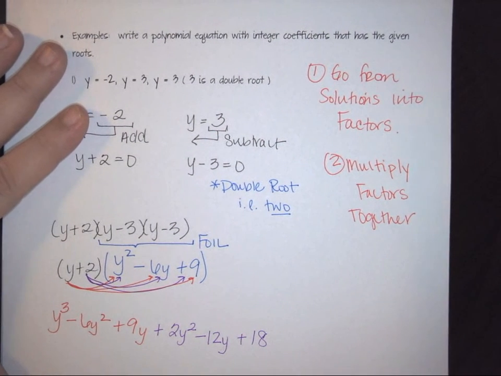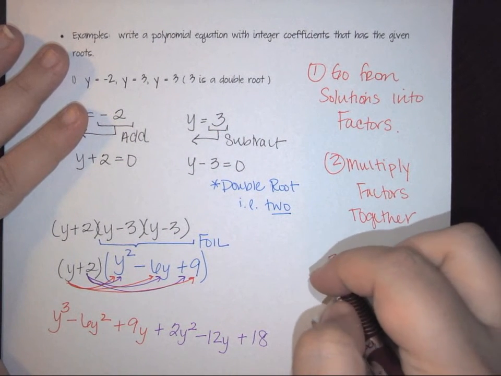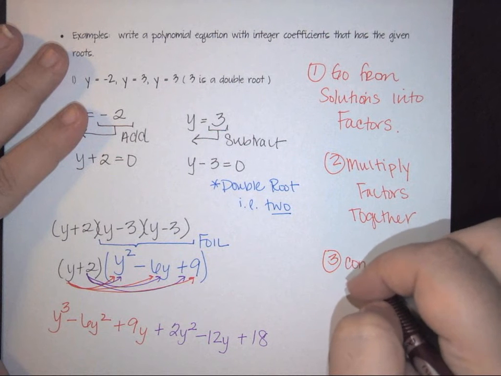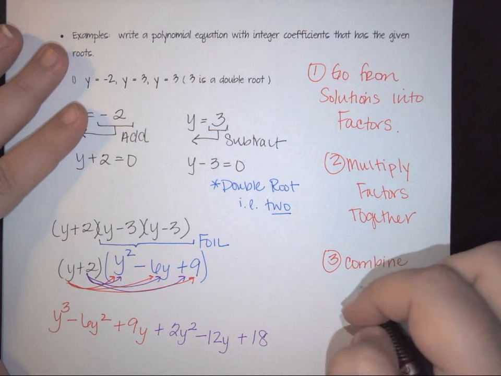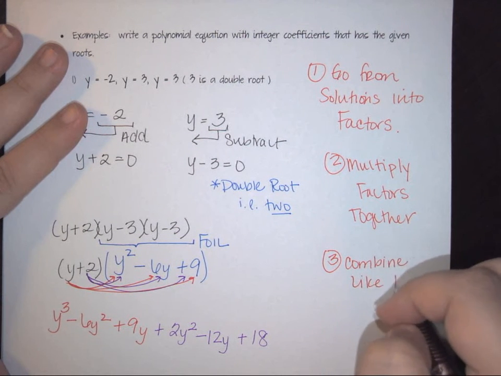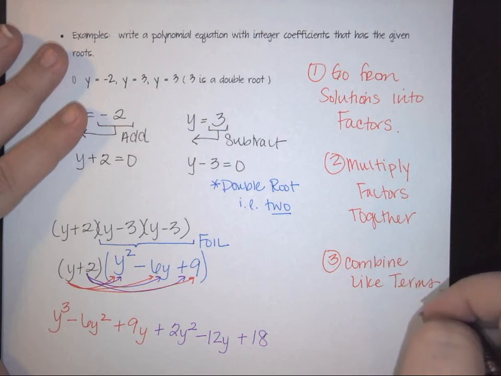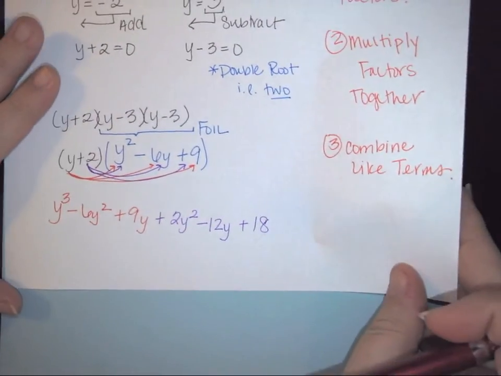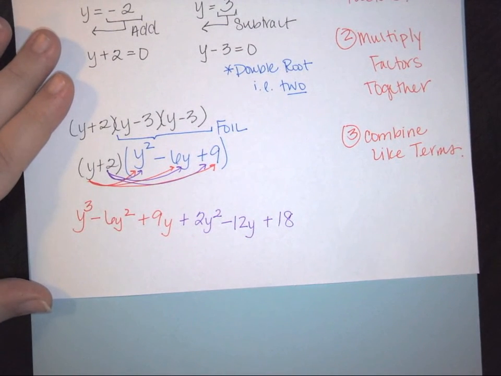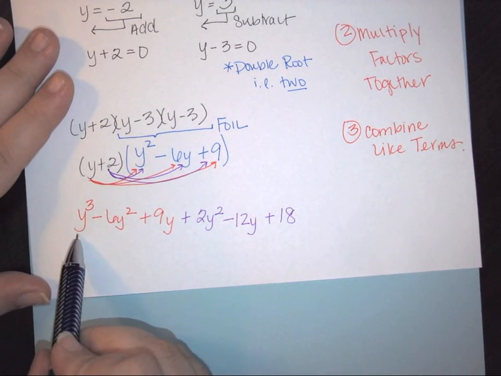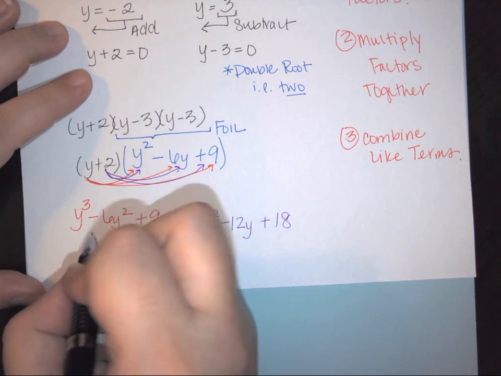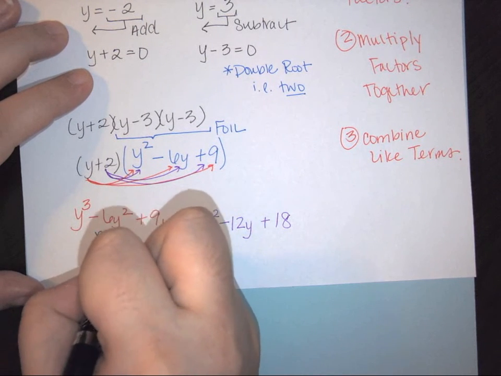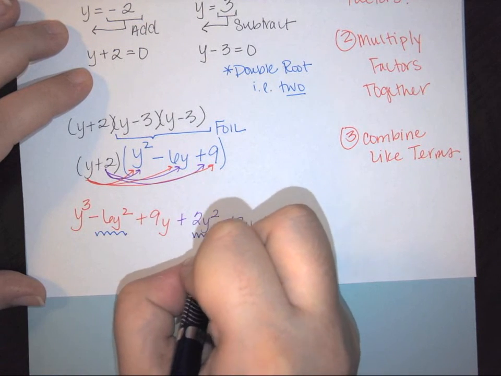Now the very last thing we have to do is combine your like terms. Combining like terms means we need to identify them. First and foremost, I have this y cubed all by itself, so there's nothing to do there. I have this y squared and a y squared.